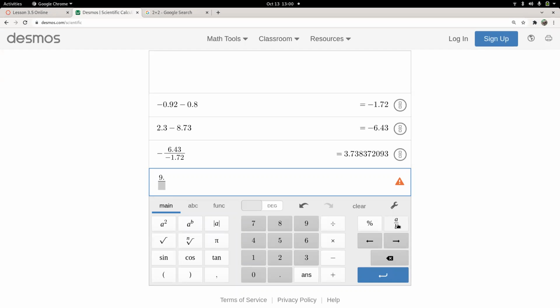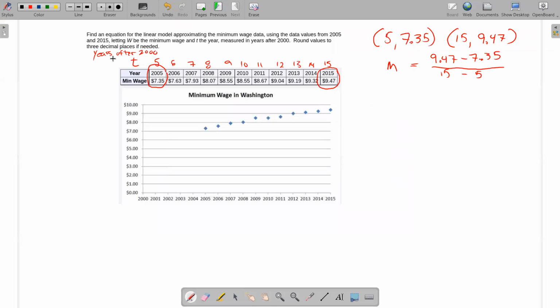Numerator is 9.47 minus 7.35. And then denominator is 15 minus 5. And in one shot, I get a slope of 0.212. So we now have M.